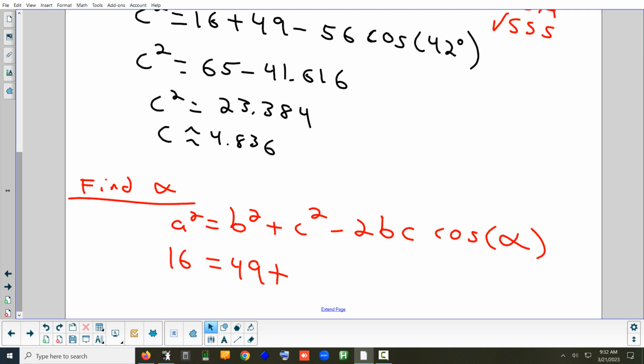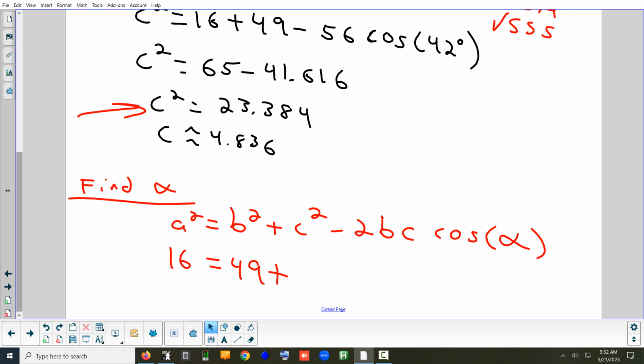Would you leave it as c squared and solve for that? Do we even need to solve for c squared? Is that something we don't know at this point? Just plug in the value. It's right there. It's right there.